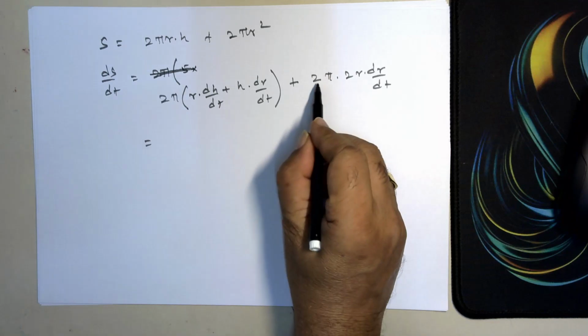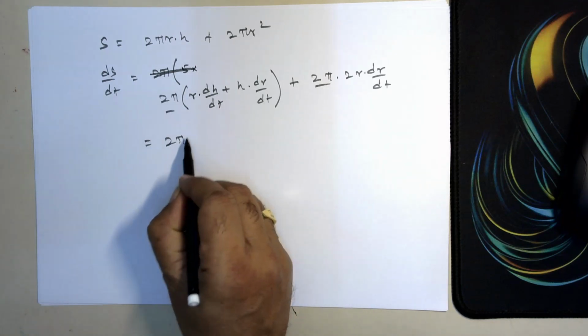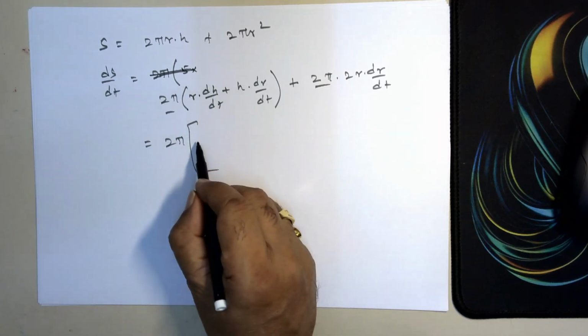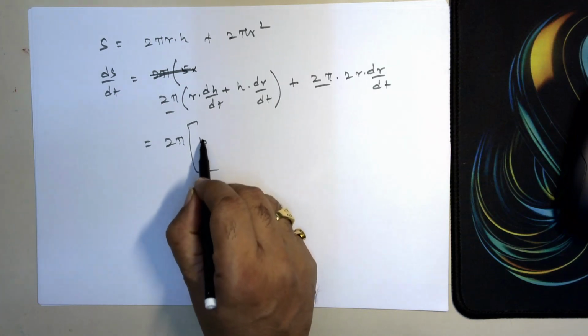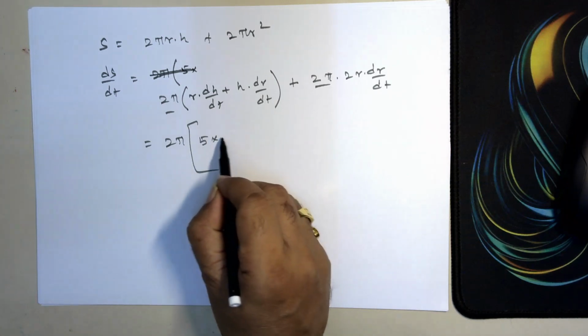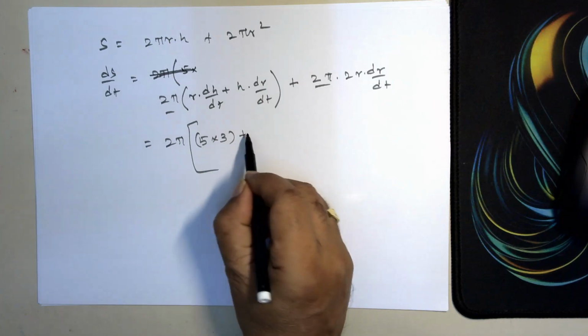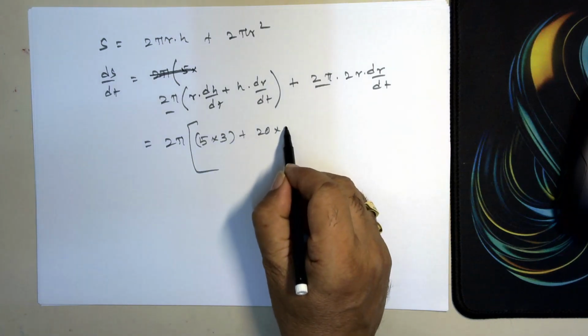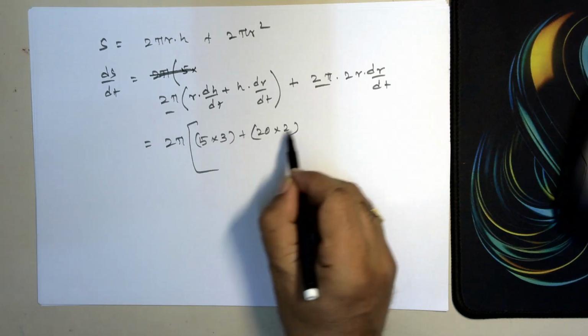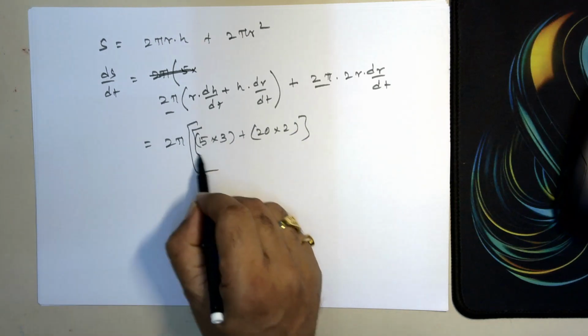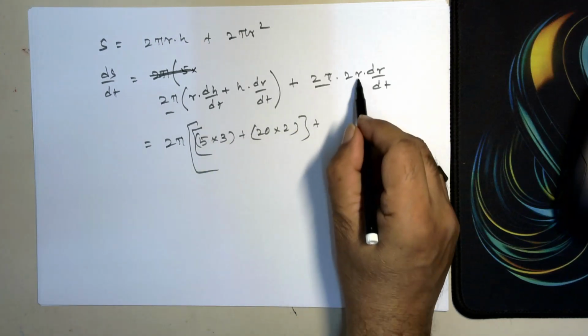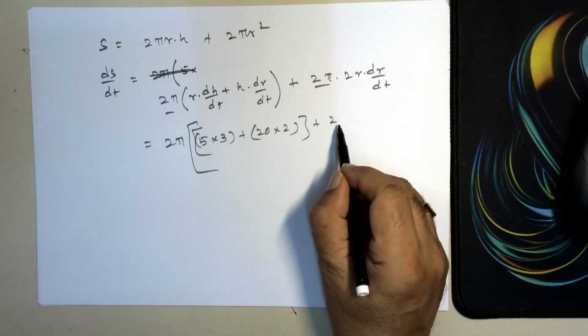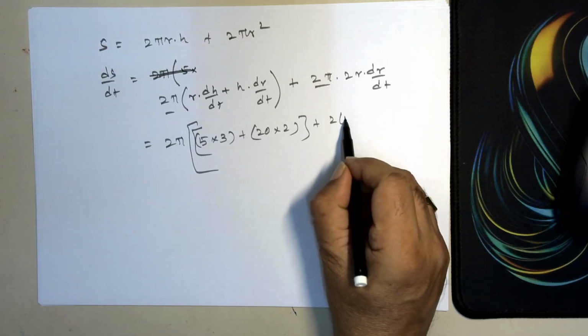Now, 2 pi is common, you can take it outside the bracket. Now you have r. What is the value of r? 5. dh by dt 3, plus h 20 into dr by dt 2. Done. Then we have 2r. What is r? 5.